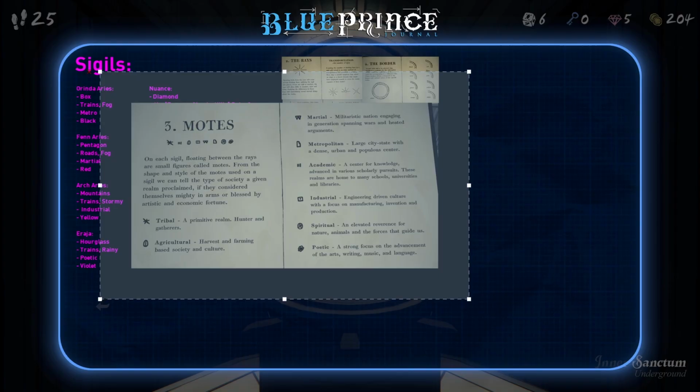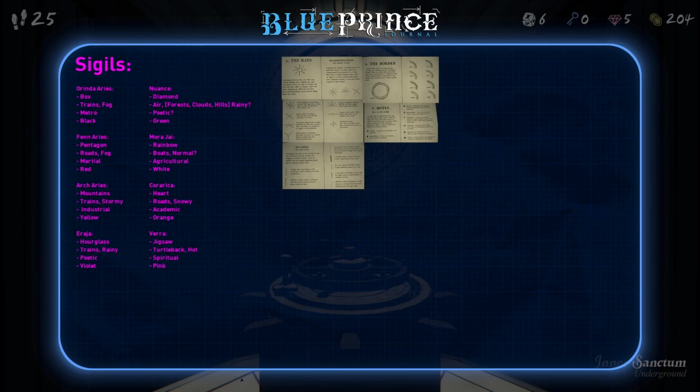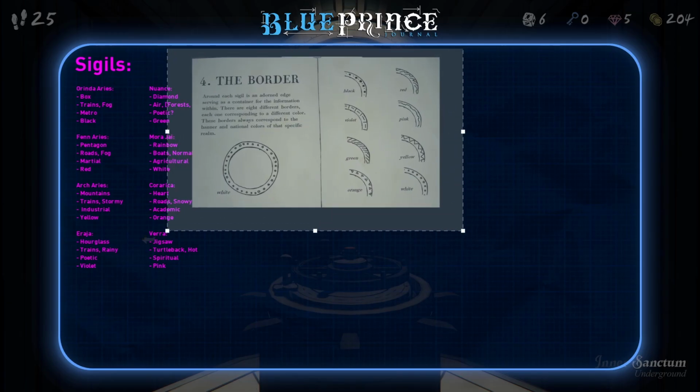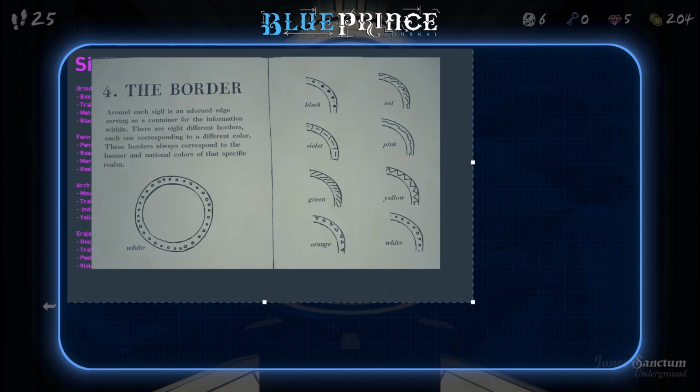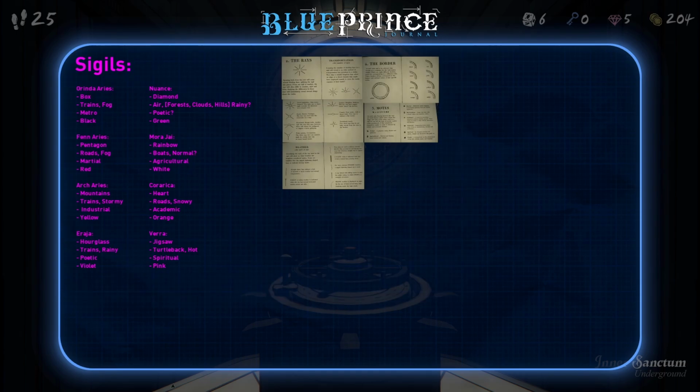Which one's that one? Marshall. That could be it, because they helped with the war. That's the only indication of emotes that I have seen for them. And it's green, so it's lines.